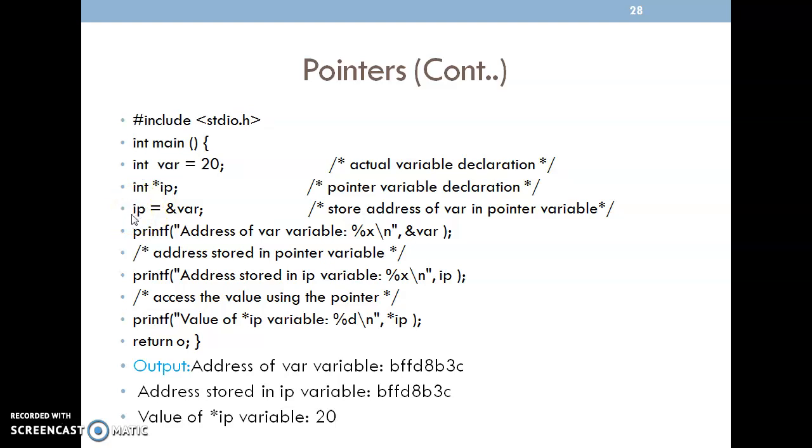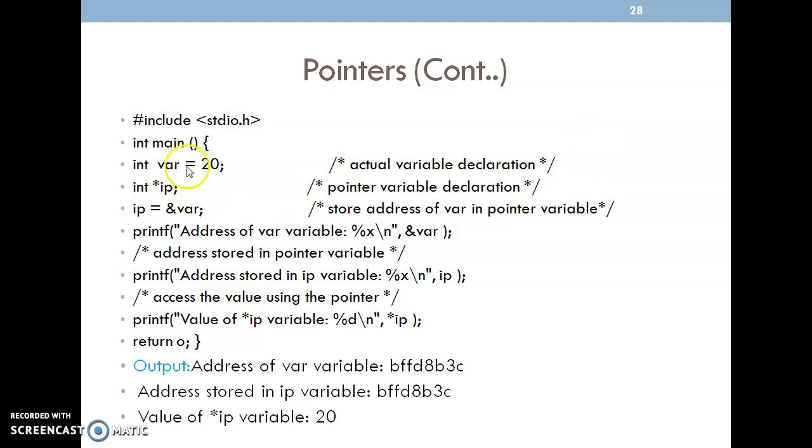Initially a variable will be declared that contains the value 20 and has some memory address. Then that memory address will be pointed to by the IP variable.